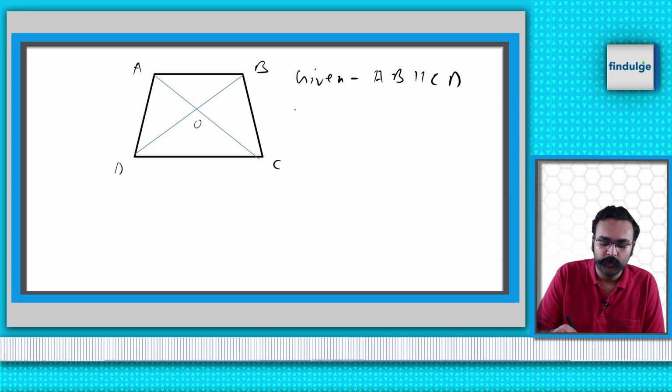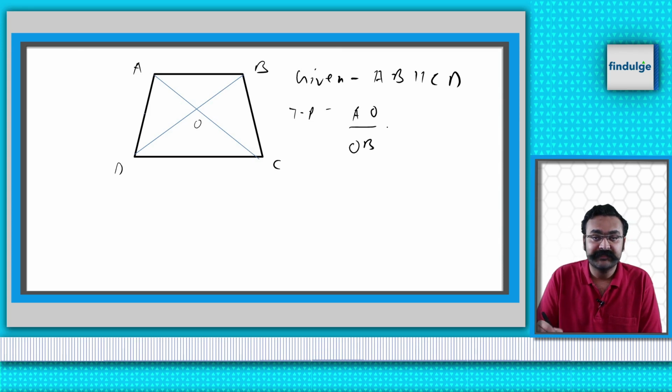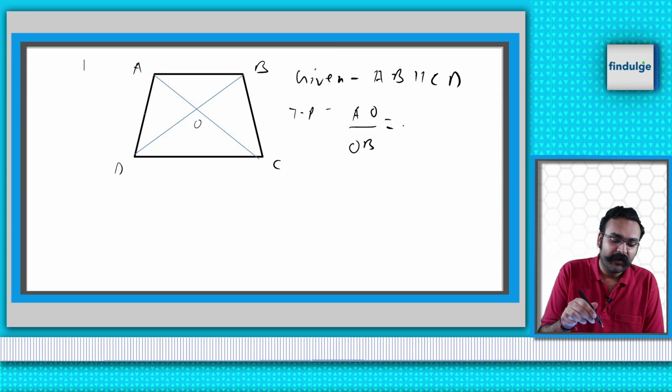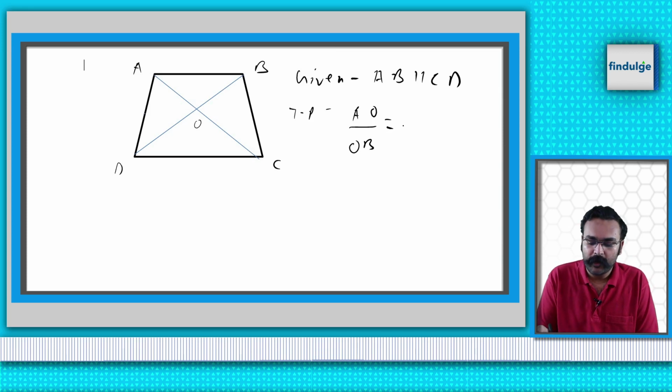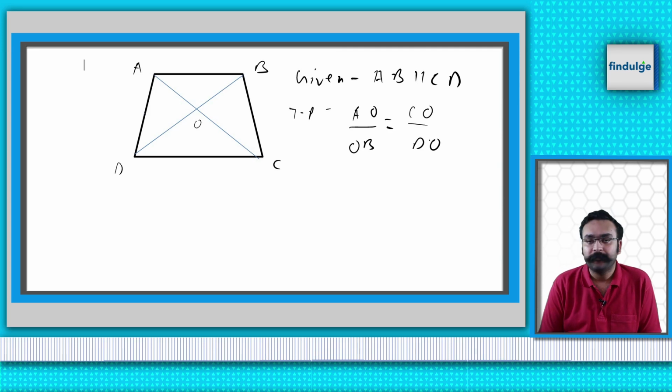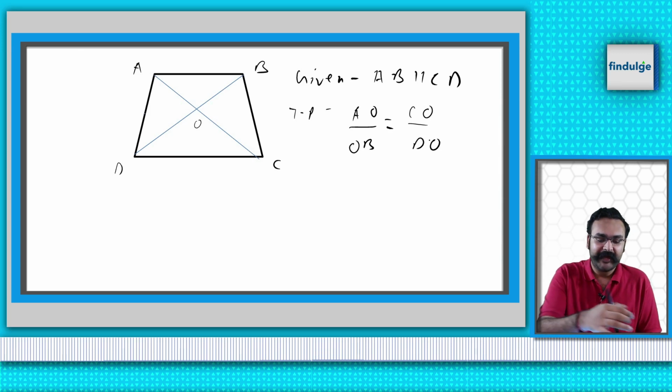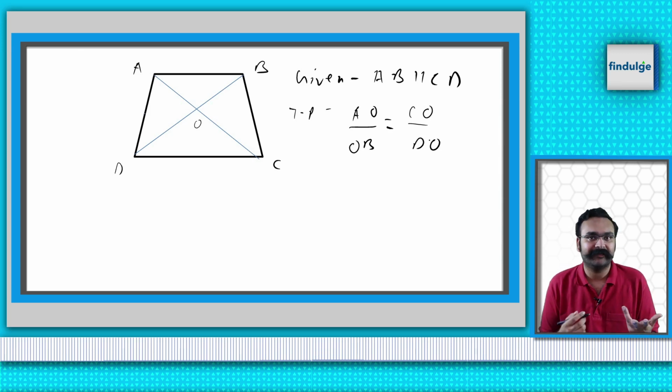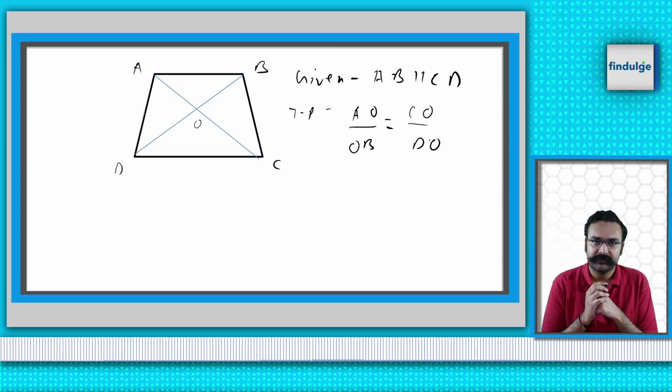We have been asked to prove that AO upon OB is equal to CO upon DO, where obviously AC and BD are the diagonals and O is the point of intersection of the diagonals.